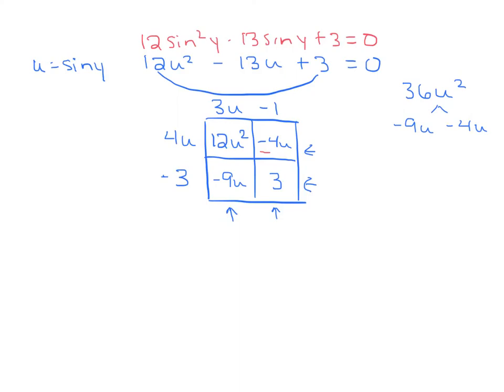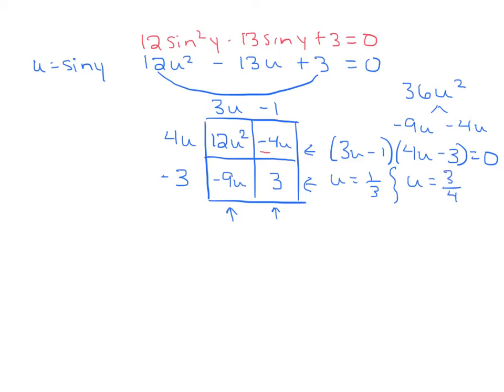What I have pulled out from here and here, those are the factors, 3u minus 1 and 4u minus 3, that now equals 0. So I have to set each of those equal to 0, so u equals 1/3, u equals 3/4.